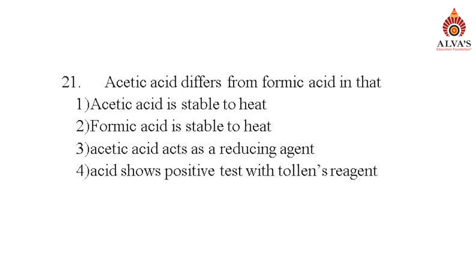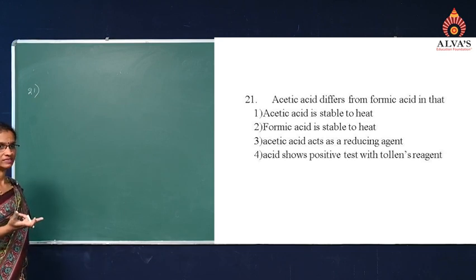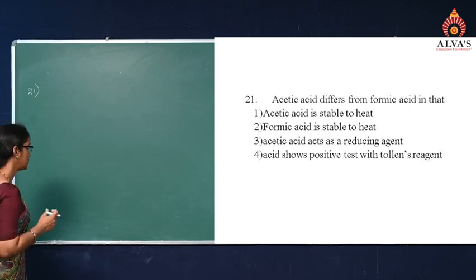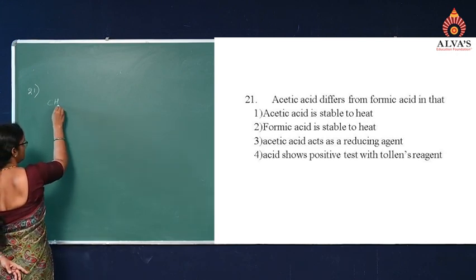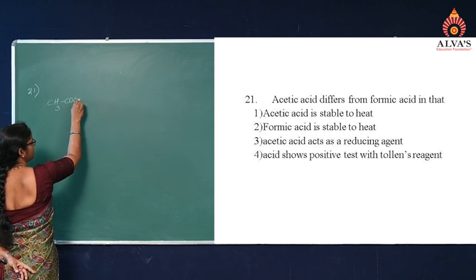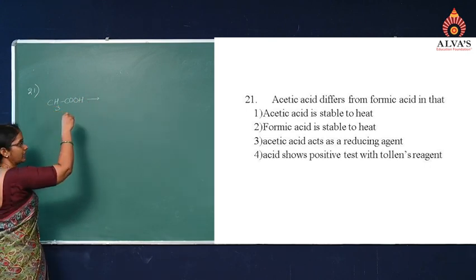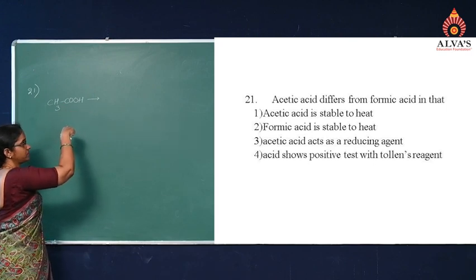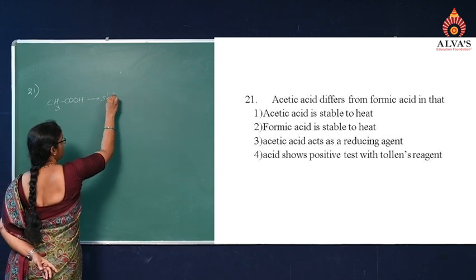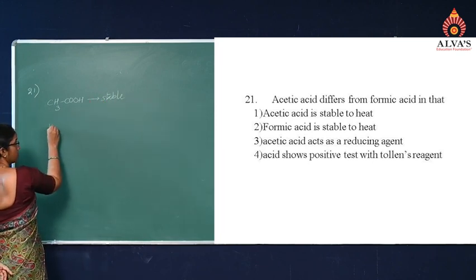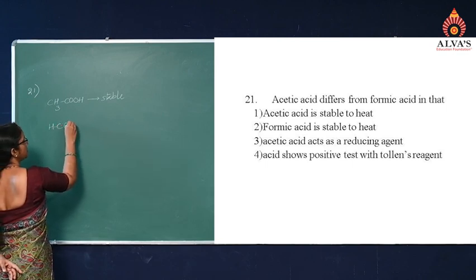So, if you are talking about difference, both acetic acid and formic acid are acids. But when I talk about their thermal stability, acetic acid is stable to heat. A simple notion, we know that it is used as vinegar for cooking purpose, and since it is used in cooking, it can withstand high temperature. It is stable. On the contrary, formic acid is unstable to heat.